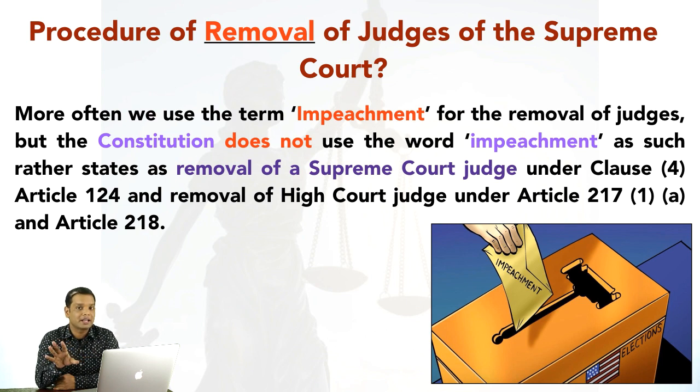So nowhere is impeachment used for the removal of judges of either the Supreme Court or High Court. We should not use the term impeachment for the removal of judges. Rather, this term is exclusively used for the President only.